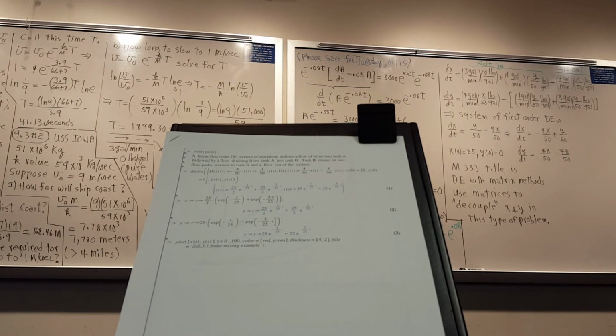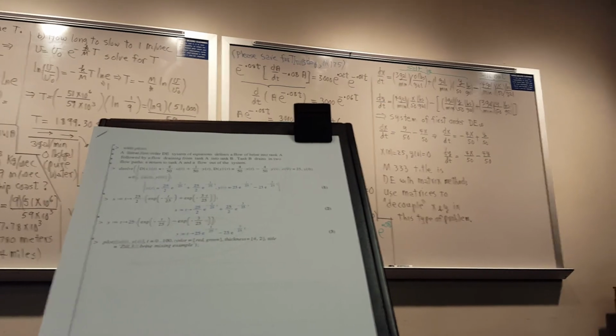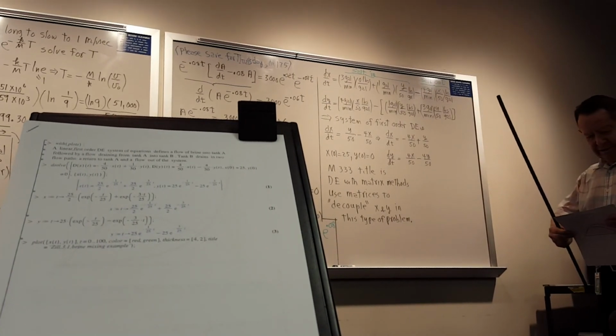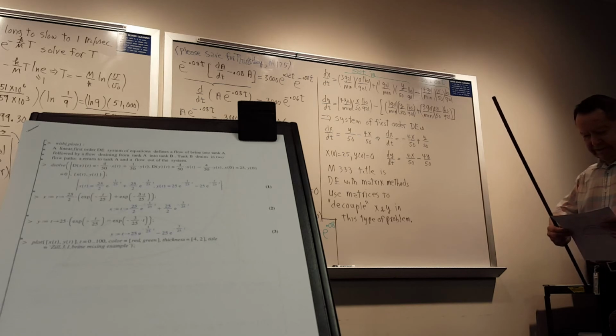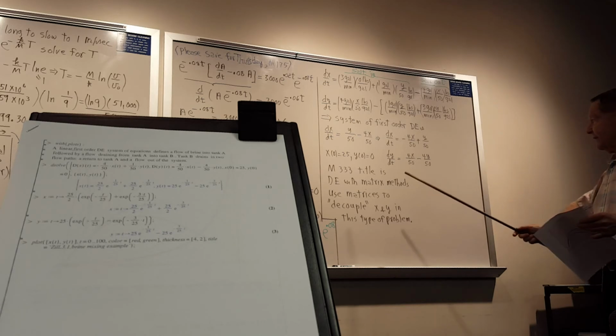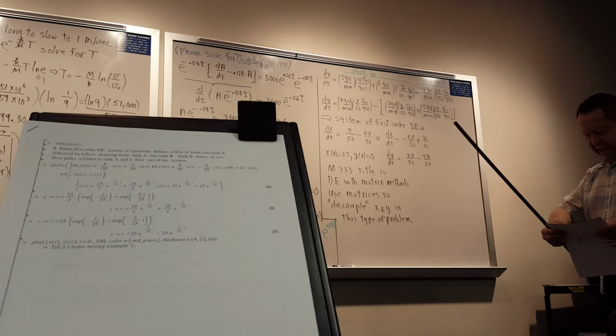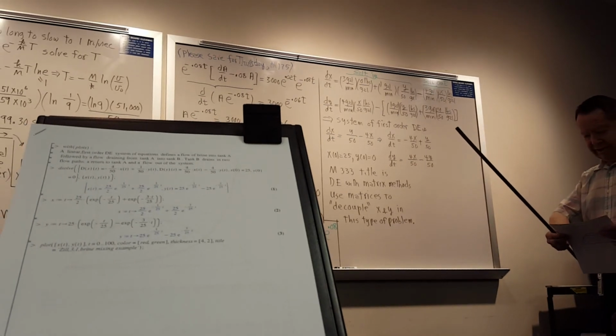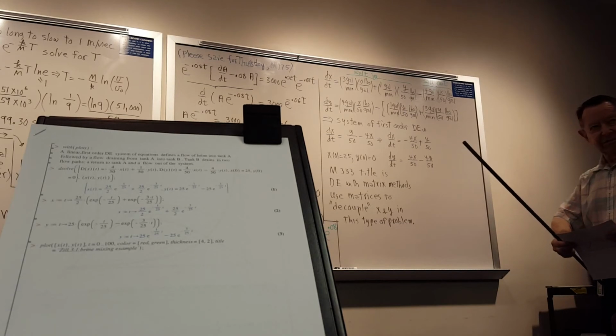And so I enter the two differential equations, and then I enter the initial values. x of 0 equals 25 as an equation, and y of 0 equals 0 as an equation.